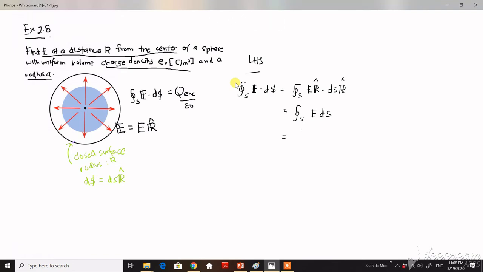The integral is a surface integral, so we don't have to consider the electric field in the integration. From the previous chapter, you already know that the integral of dS gives you the surface area, in this case the surface area of the closed surface.